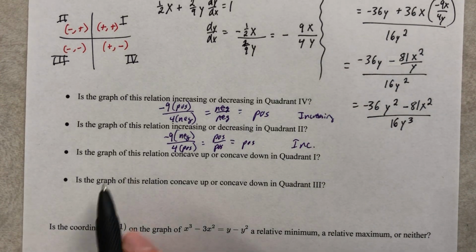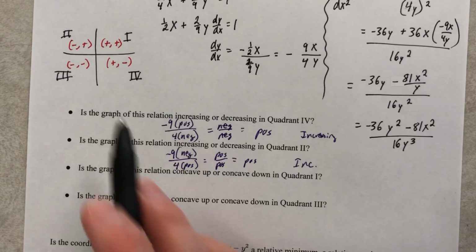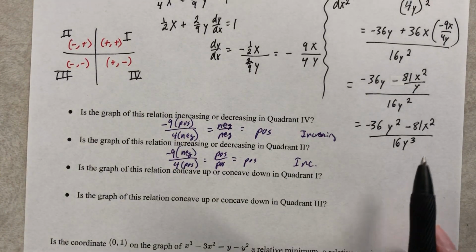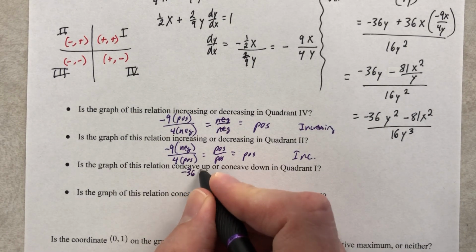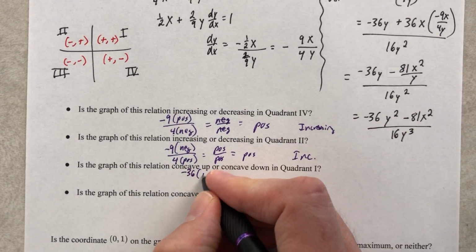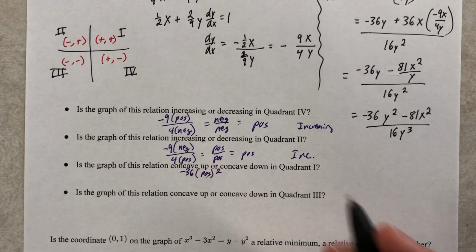Here we go. Is the graph of this relation concave up or concave down in quadrant 1? So we're going to plug in positives into the second derivative now. So what we're going to have is negative 36 times a positive squared. Well, we're going to get a positive from that and a negative from that.